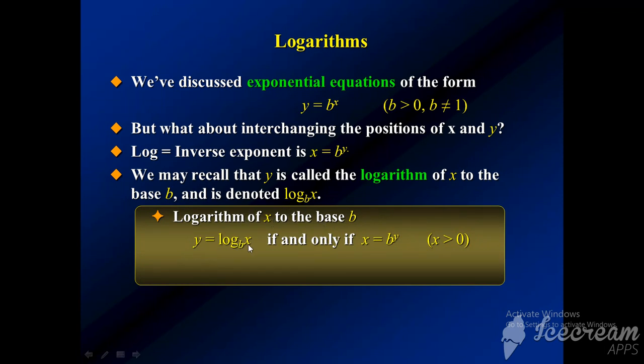That is, y = log_b x, and this is also written as x = b^y, where x is greater than 0. That means y = log_b x if and only if x = b^y.